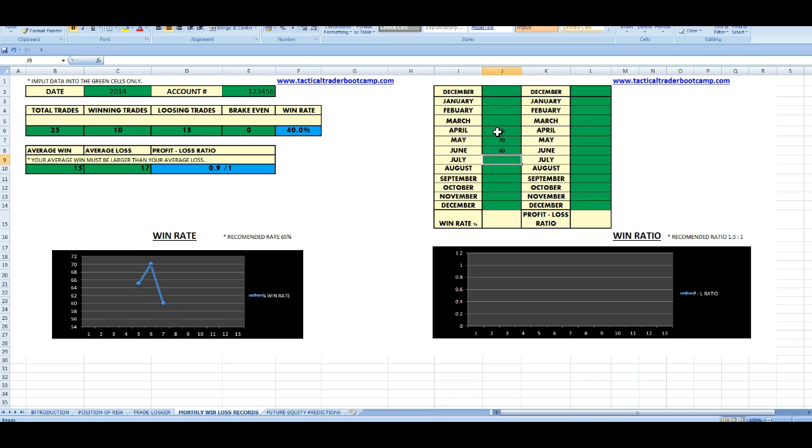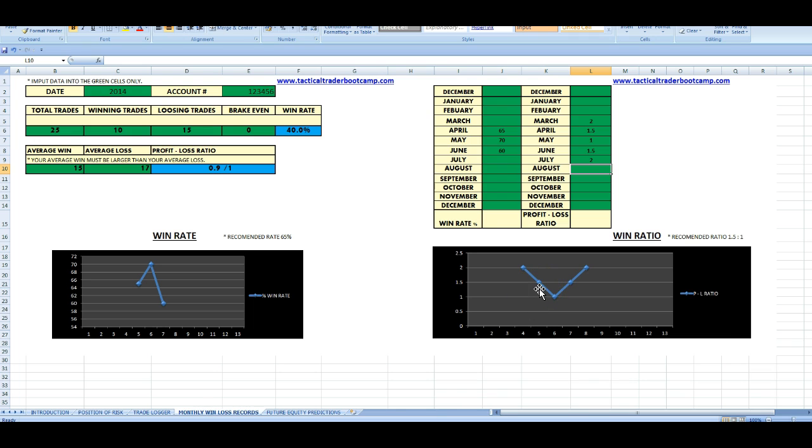So as the year goes on, I can find out whether my trading system is pretty volatile, whether I need to change anything on it, or when you get your win ratios. So you can see your win ratios as well. So this is your profit to loss factor.